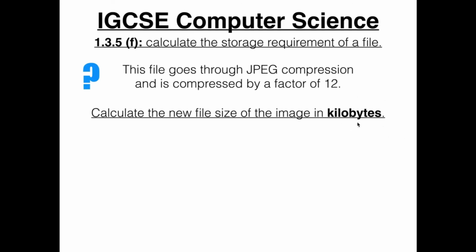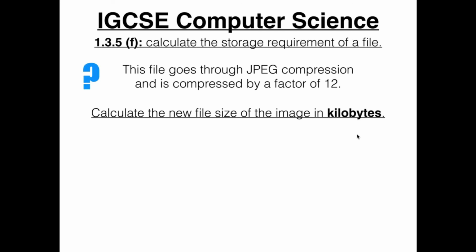So you have to be careful when they say in this unit, because what people could do is they don't read the question properly, so they say, oh, okay, let's compress this by a factor of 12. There, this is the answer in megabytes.